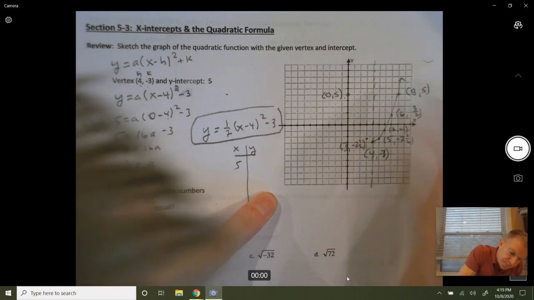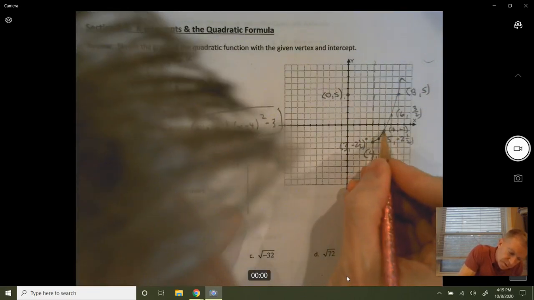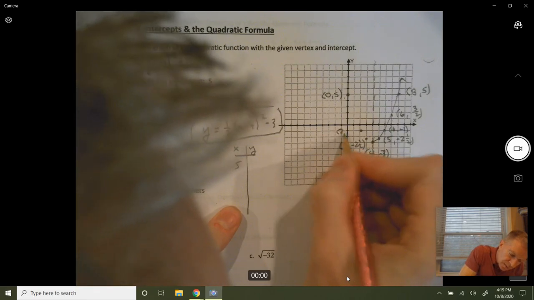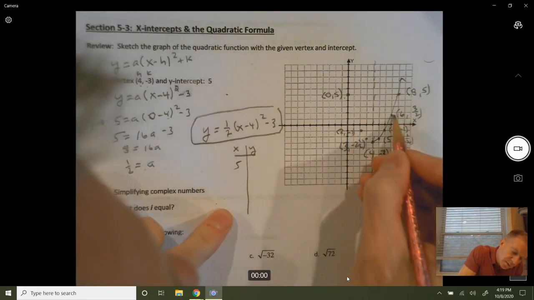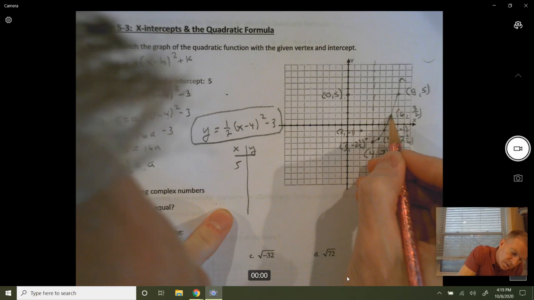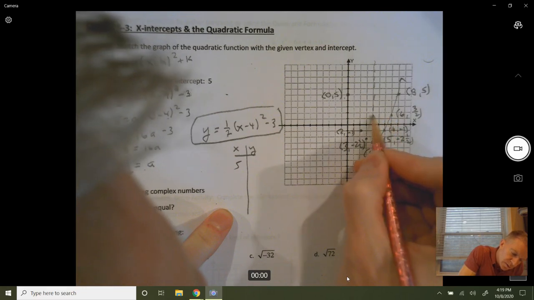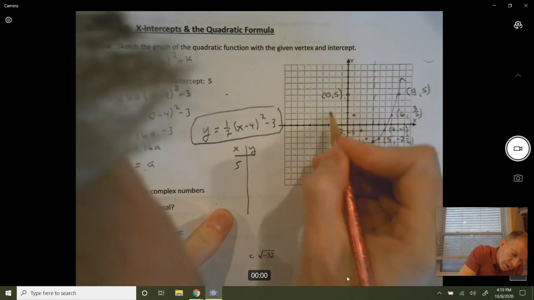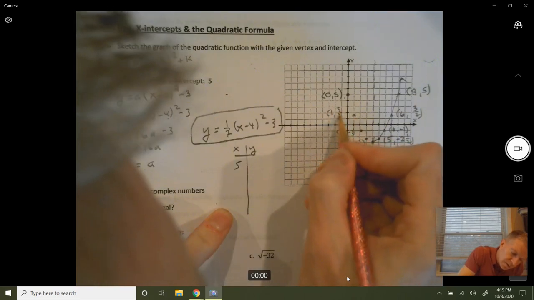Our symmetric point over here is going to be right there, so (2, -1). And if I go 3 over, I'll be at (1, 3/2). And there's my nice parabola.